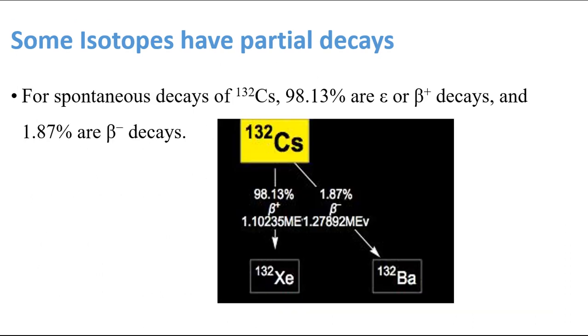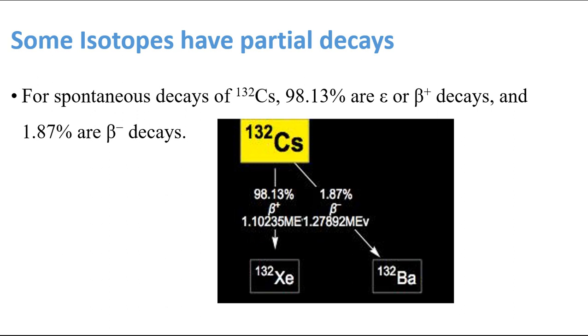Here is the example of cesium 132. It can decay into two modes simultaneously, beta minus and beta plus. Beta plus has a 98.2% branching ratio. It has more chance to decay via beta plus, and only a 1.87% chance of beta minus decay.